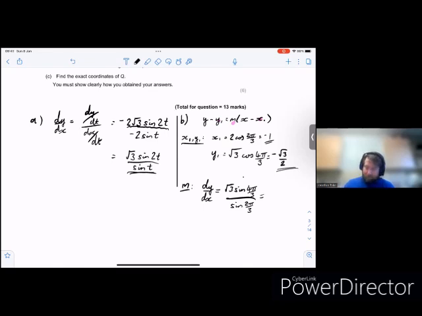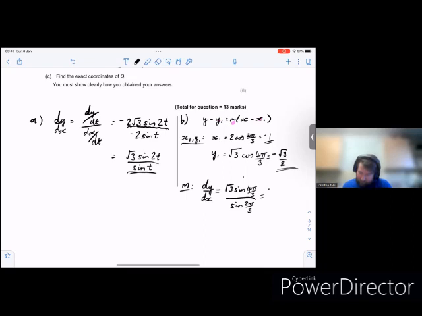Okay, and sine of 4 pi over 3. I'm using my phone calculator, so it does have a radians mode, but anyway, 4 pi over 3 is 240, so that gives us minus root 3 over 2.